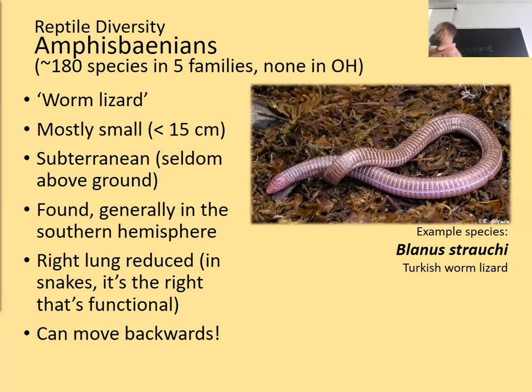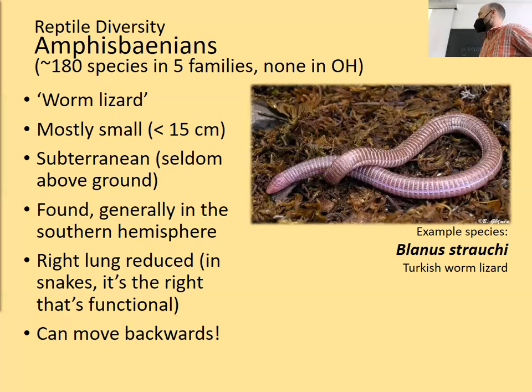We're not going to talk about these guys too much in class for a couple reasons. One is there's not that many of them. Two is there's not that much known about them. They're really understudied, and there's just not a ton of research on these guys. Beyond characterizing their relationships amongst each other, we just don't know that much about them.